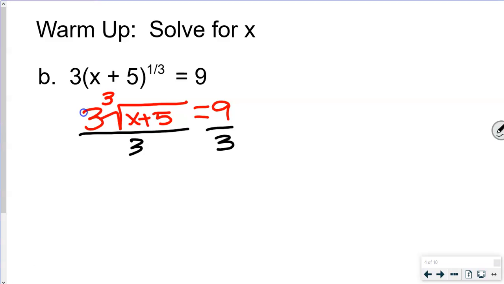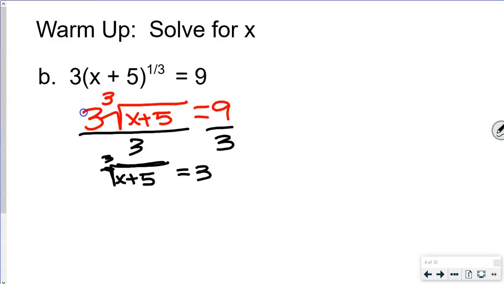So my next step here is going to be to divide by 3, because that 3 is being multiplied. So that's going to give me the cube root of x plus 5 is equal to 3. And then our next step, obviously, since this is a cube root, would be, it's a 5, y'all. Whoa, let me make that clearer. Sorry. x plus 5.